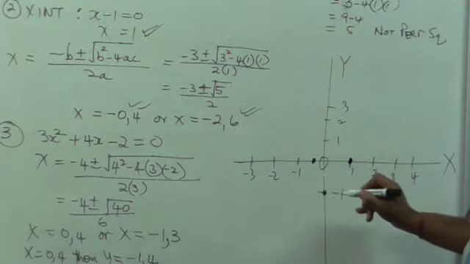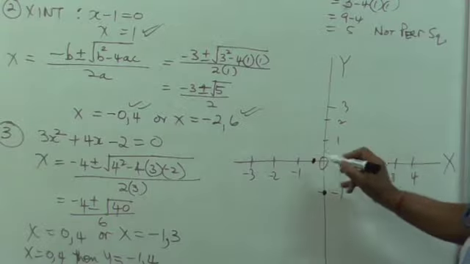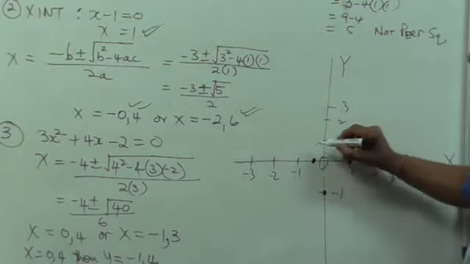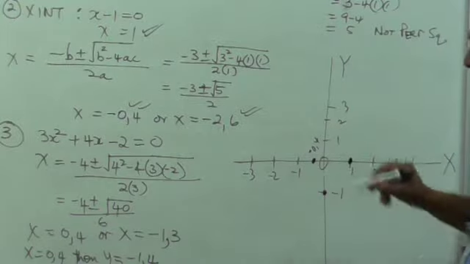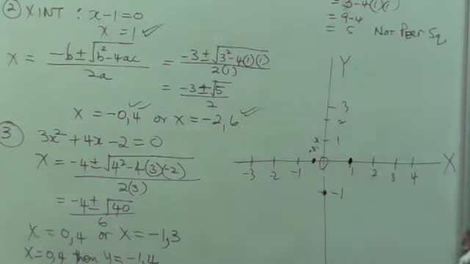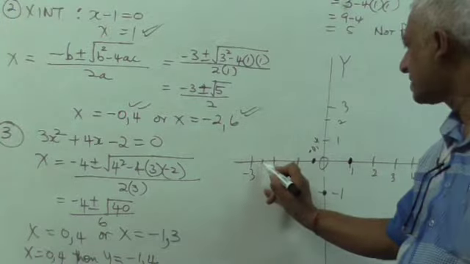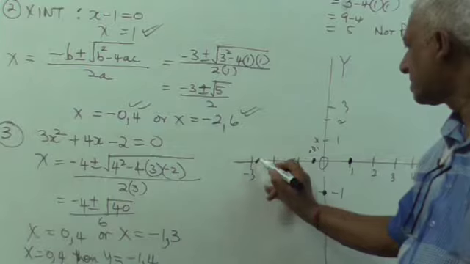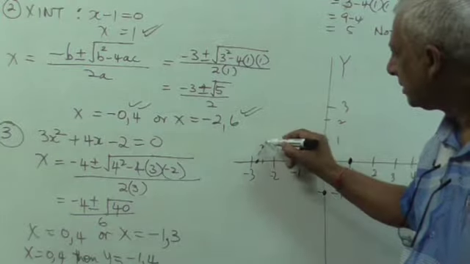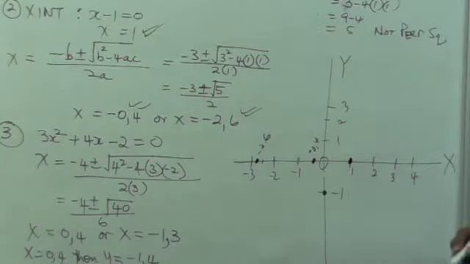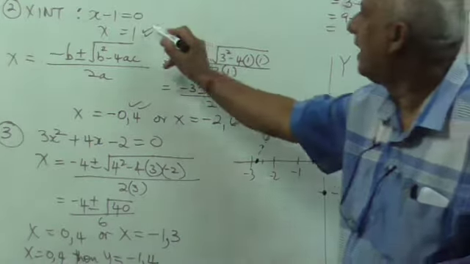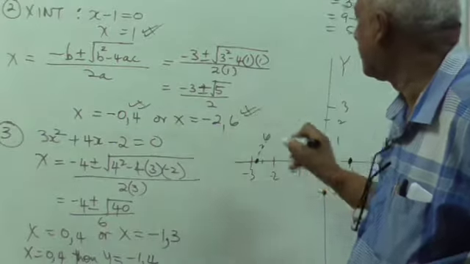So let's write it like this, minus 0 comma 4. And minus 2 comma 6 will be somewhere here, that's half. Minus 2 comma 6 is there. Right, so we have plotted that.